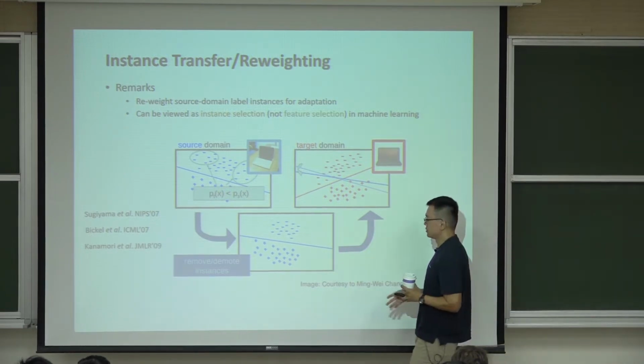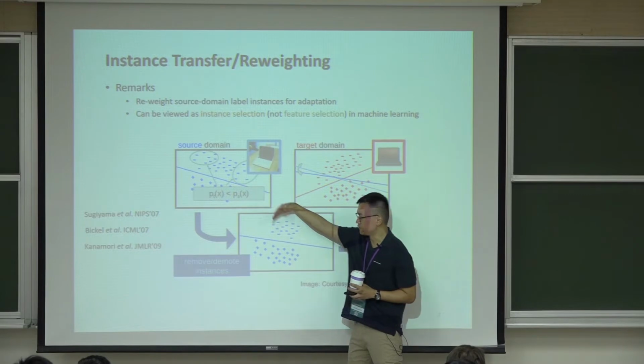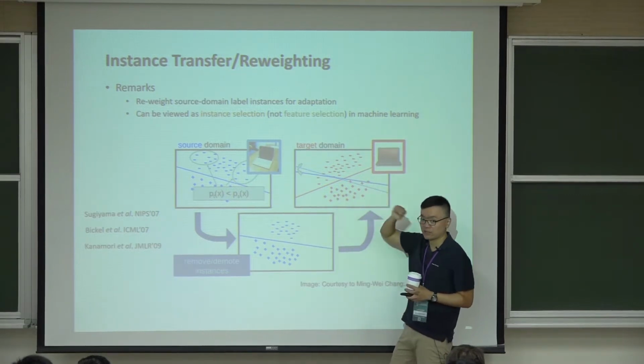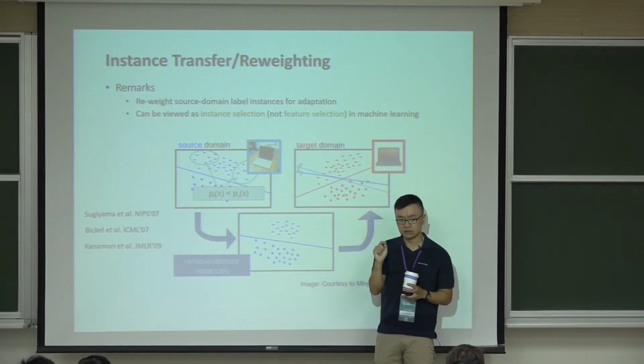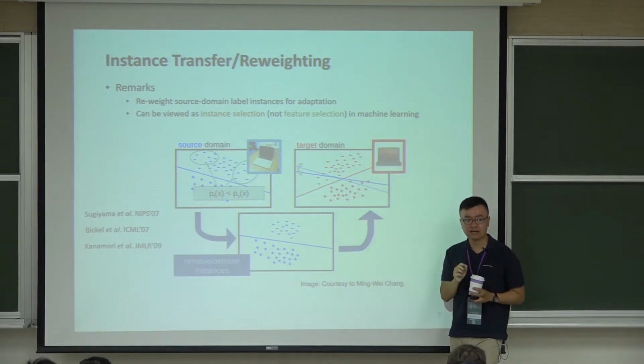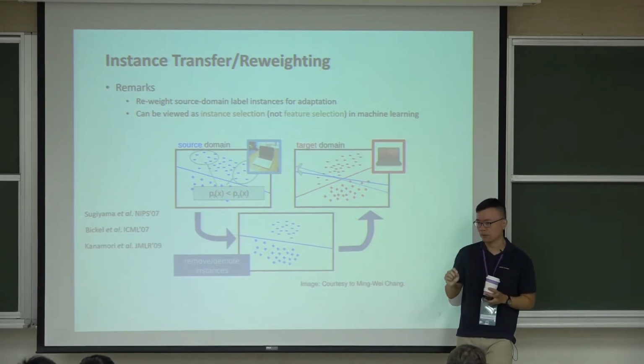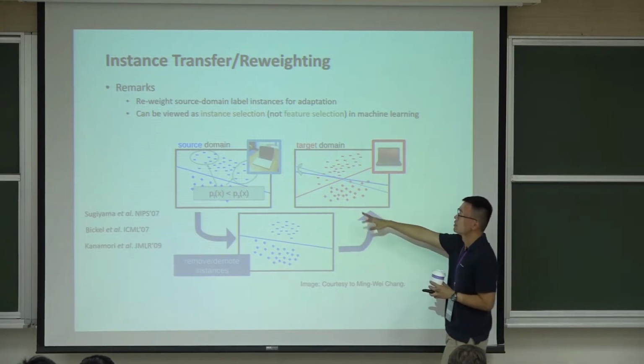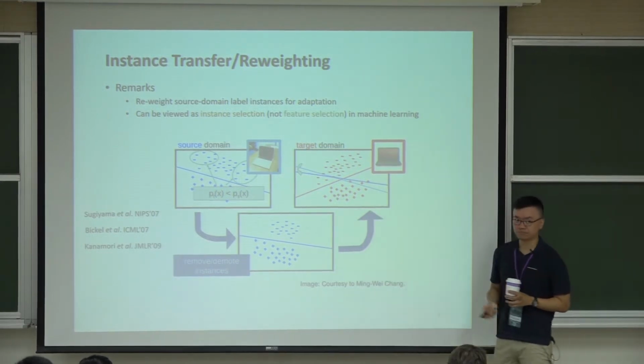So basically, when you borrow the data from the source domain and retrain your classifiers, you do not treat each data as equally important. You need to learn how to give proper weights to each data instance. That is called data reweighting.